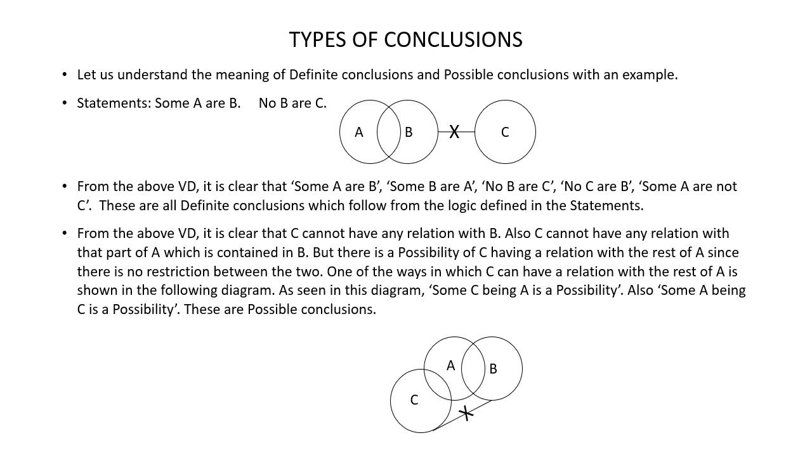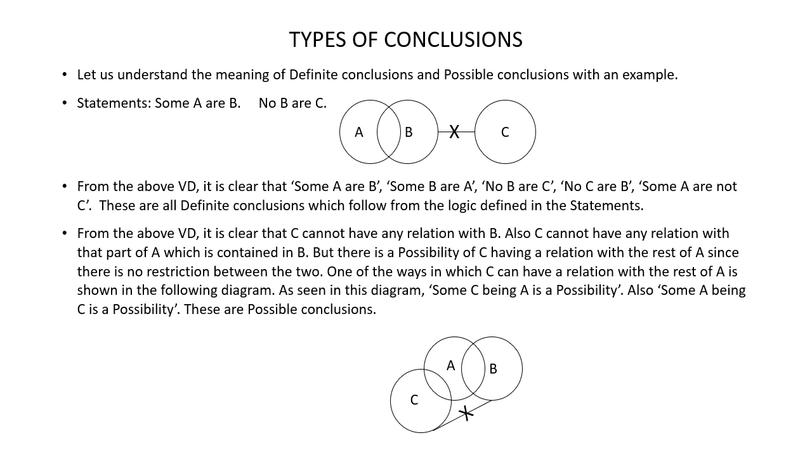So we have to draw circles for A, B and C. Now first look at this statement, some A are B. This statement indicates that some elements of A are contained in B. This means that there has to be a partial overlap of circle A with circle B.